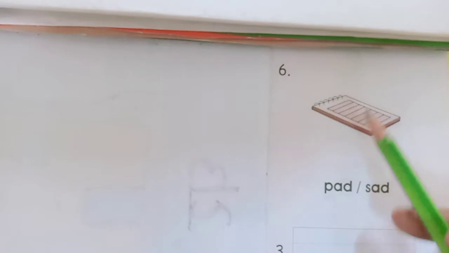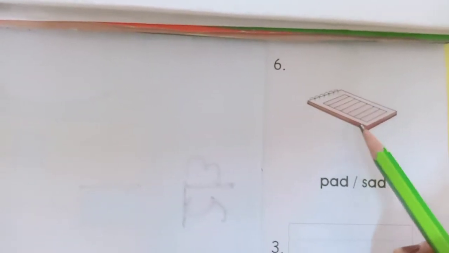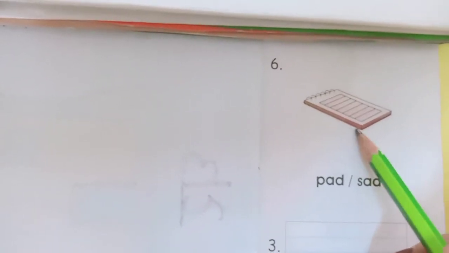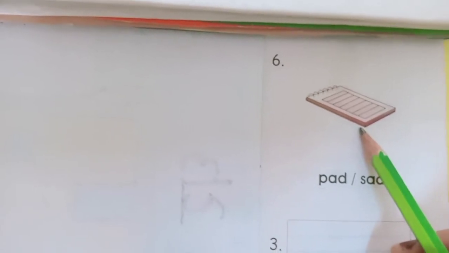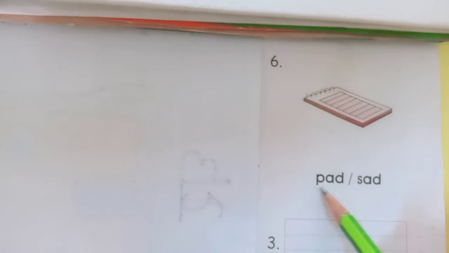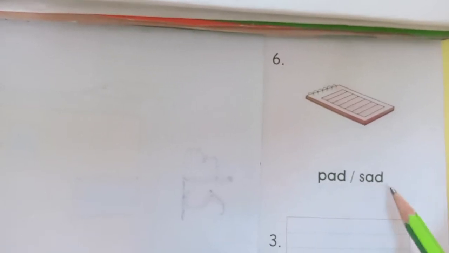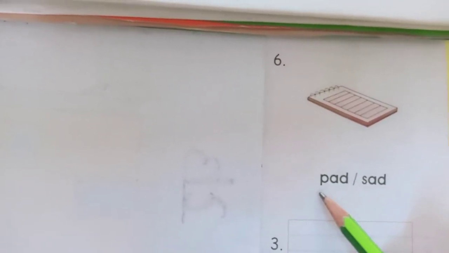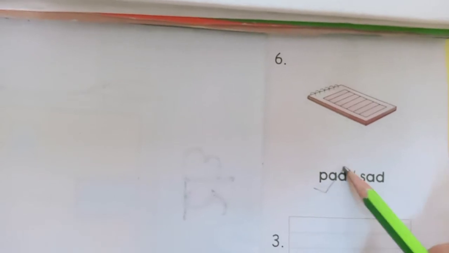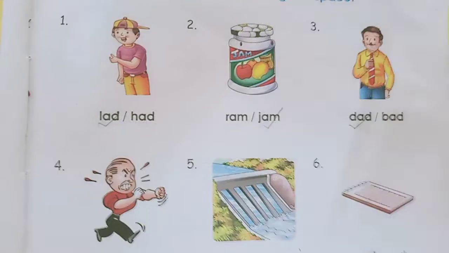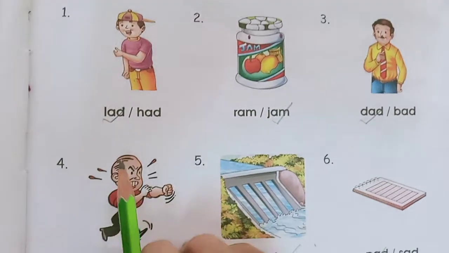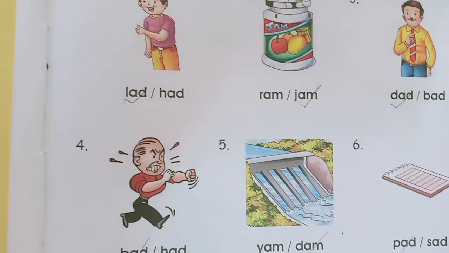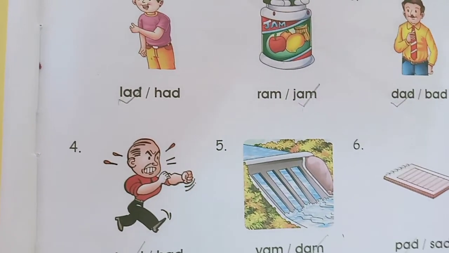Now next is, which picture is this? Just identify this picture. This is writing pad, which is used to write. Okay. So this is P-A-D, pad, not S-A-D, sad. So we have to tick on P-A-D, pad. Yes, dear kids, like this way you have to complete page number 29, beta.